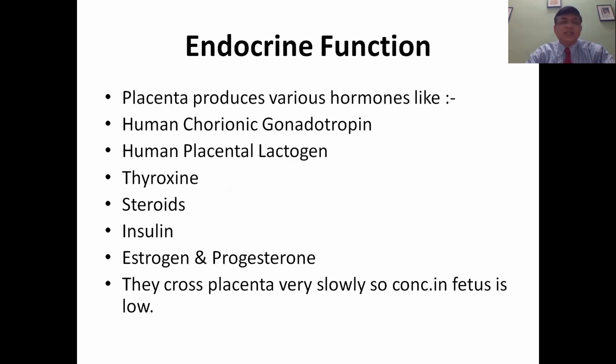Endocrine function. Placenta produces various hormones like HCG, HPL, thyroxine, steroids, insulin, estrogen, progesterone. You can take down: placenta produces various hormones like HCG, that is human chorionic gonadotropin.